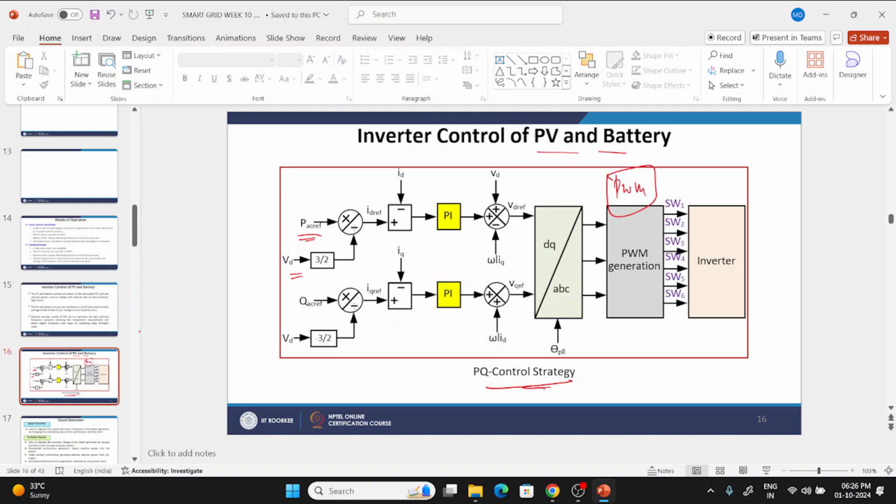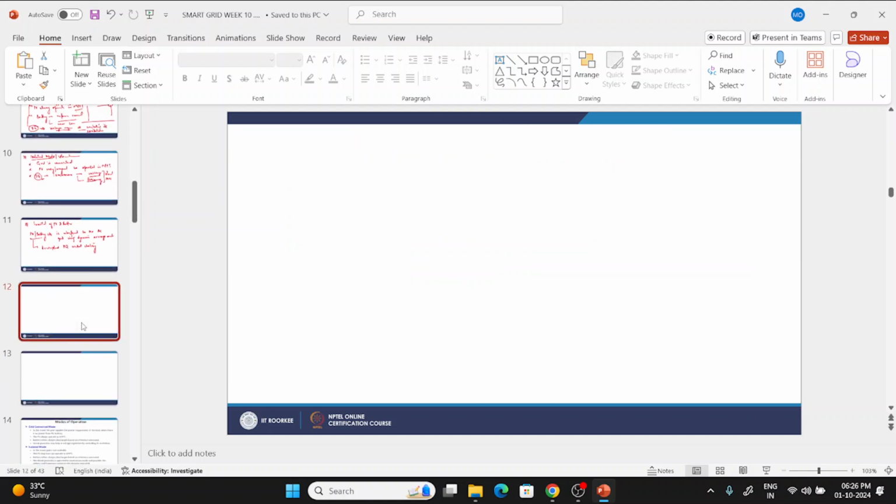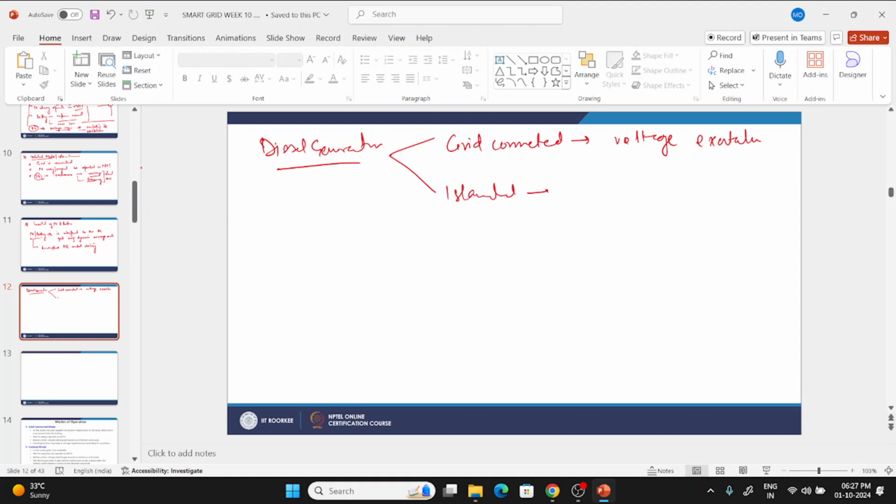The inverter will control the output of that. Now here comes the diesel generator. I have told you about it in the grid connected mode: it will help in voltage regulation by controlling the excitation. But in the islanded mode, it will support the voltage and also the frequency, in isochronous mode.